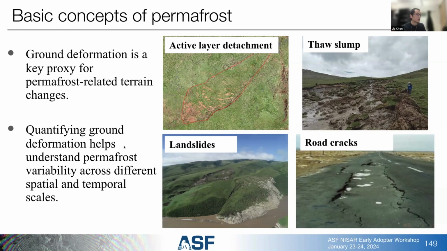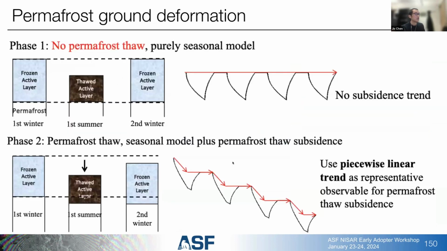So we think that quantifying permafrost ground deformation can help us better understand permafrost variability at different scales. This is a very simple illustration of what permafrost ground deformation is.